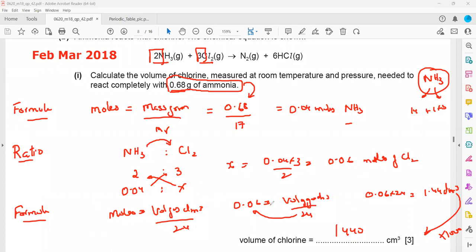But this formula gives you volume in dm cube, so don't forget to convert into cm cube. So in this mole question you have to solve all the parts by yourself. Usually a mole question has different parts: first you solve formula, then ratio, then formula. But here you have to solve the whole question by yourself. Is it clear? Yes, sir, clear.